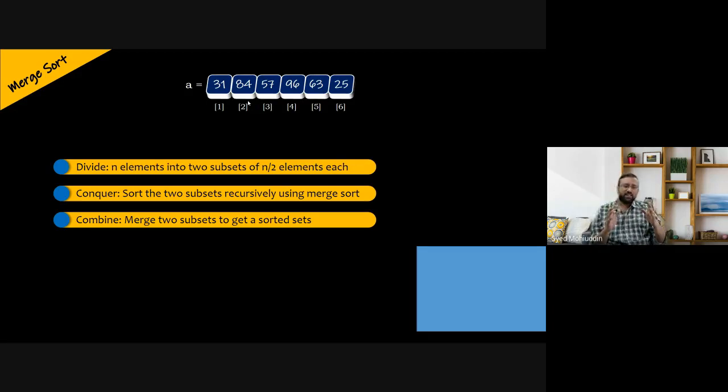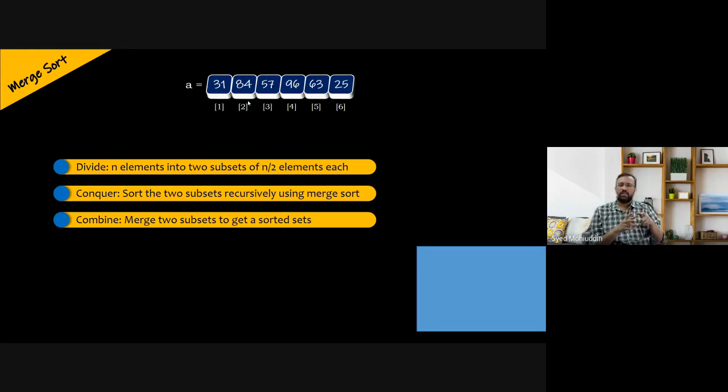The idea is that we have a large collection of n elements. We divide those elements into subsets of n by 2, n by 2, until there is only one element remaining in the subset.